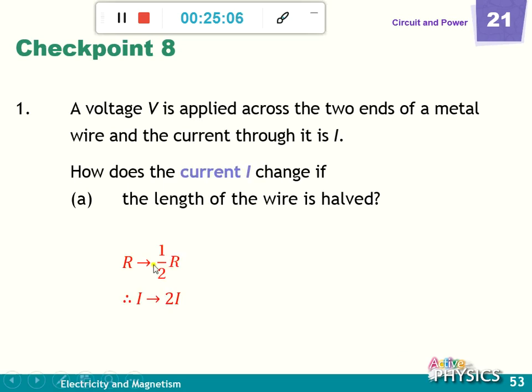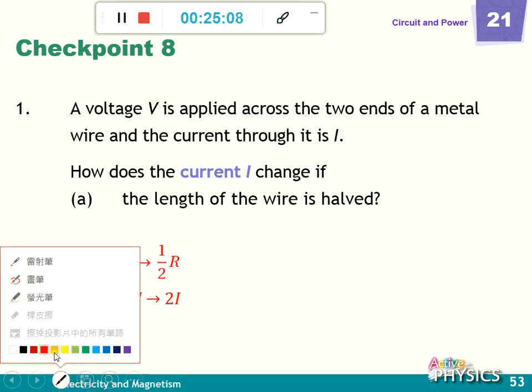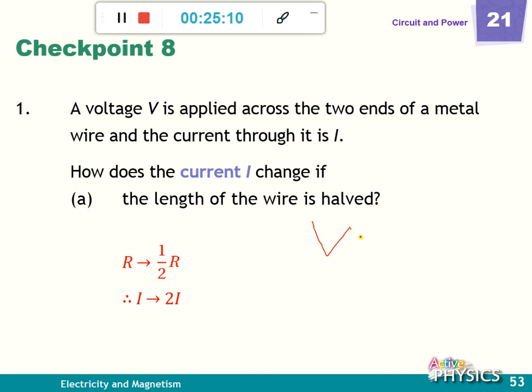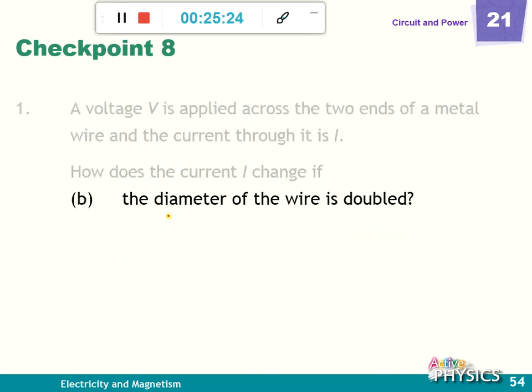Okay, V is equal to IR. The voltage applied on it will be no change, but R is decreasing to half, then the current will be double.